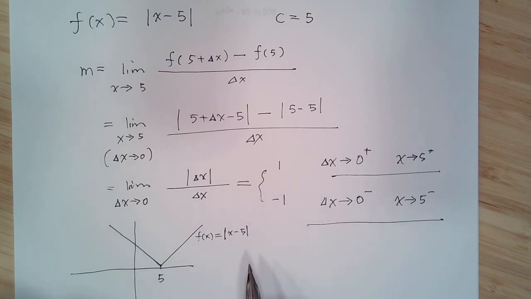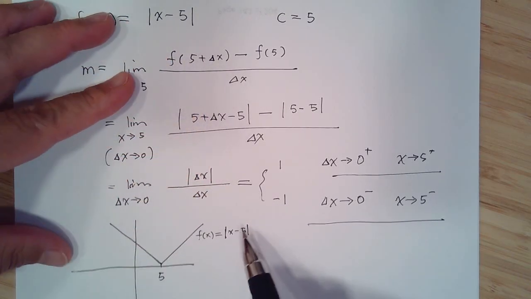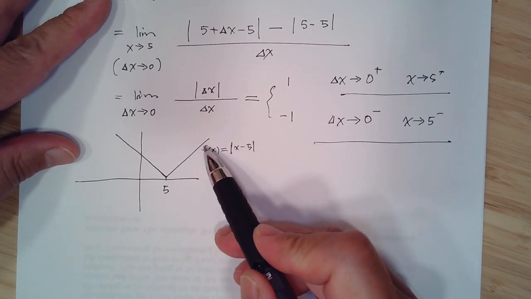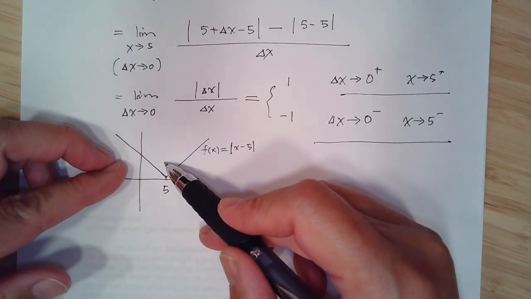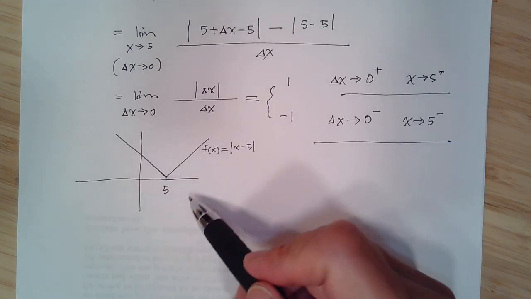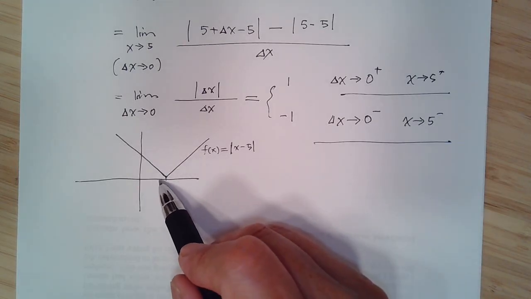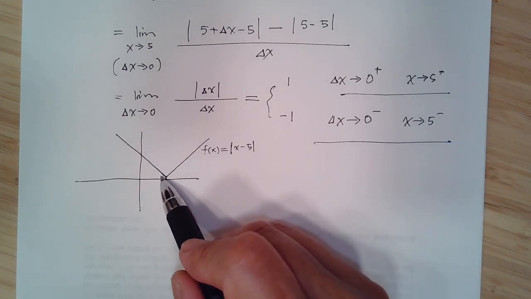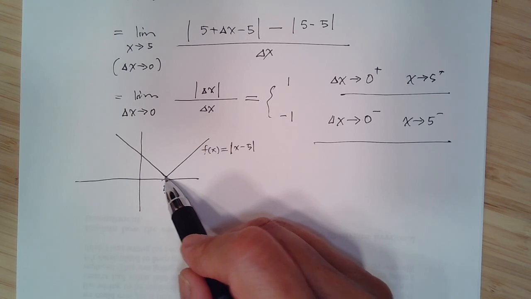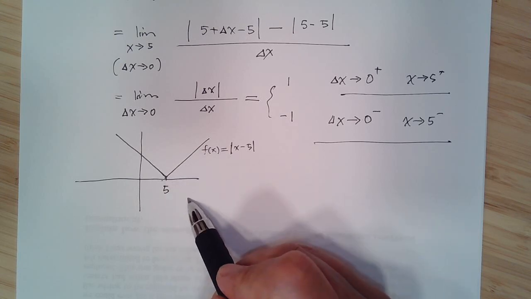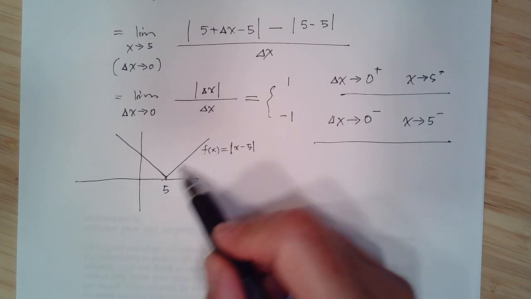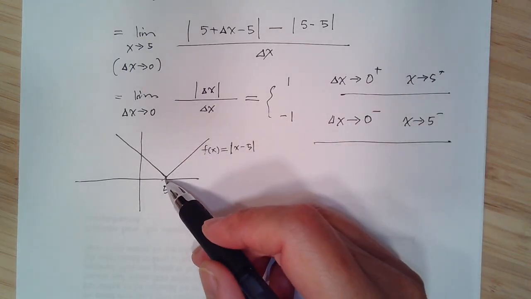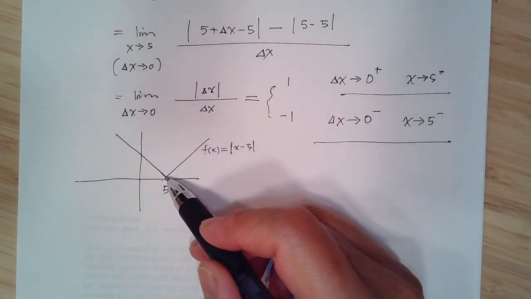Because if you don't have the absolute value sign, it's going to be just x minus 5, right? But take the absolute value, kind of like flip everything up. So you have this one. When x approaches 5 from the left side, I choose this one, so that slope is negative 1. If x approaches 5 from the positive side, then I get the slope is positive 1. Can you find a slope, a tangent line here?